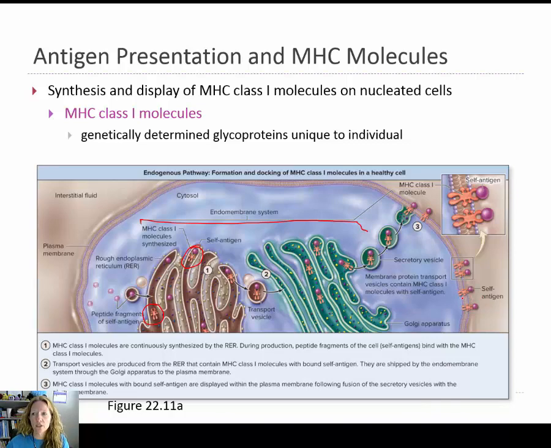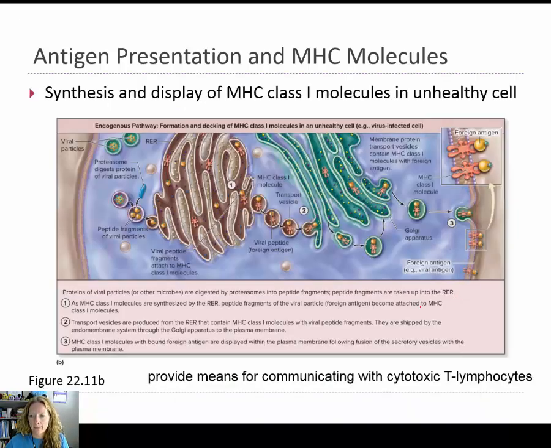Let's take a look and see what happens when it's not healthy. Look, here's a virus. So one of those little capsid proteins is going to be attached to an MHC1. How do I know it's an MHC1? Well, this right here is a nucleated cell, and it just got attacked by a virus. Again, it goes through the same process, but look, it's a foreign antigen.